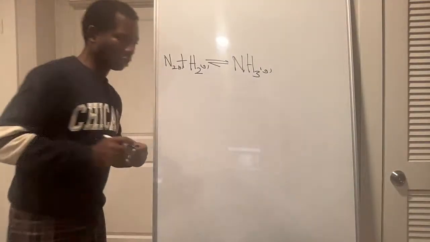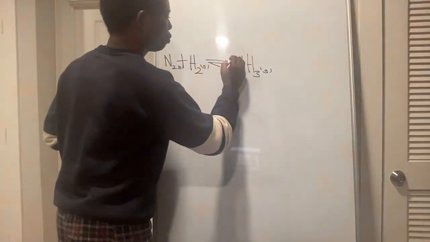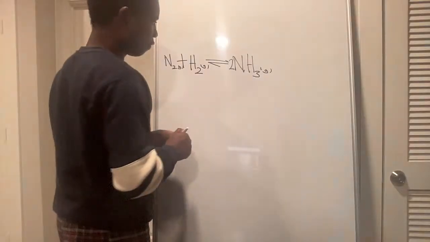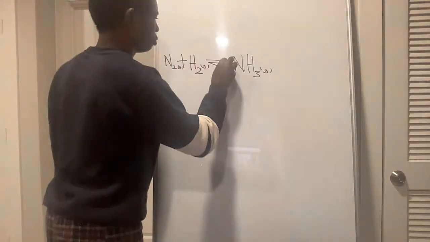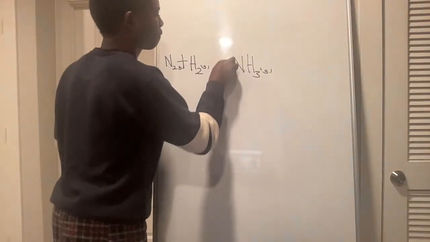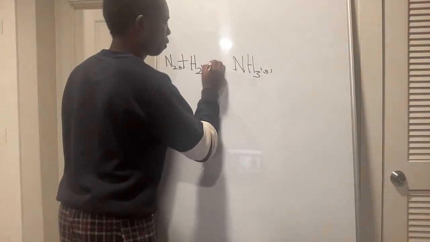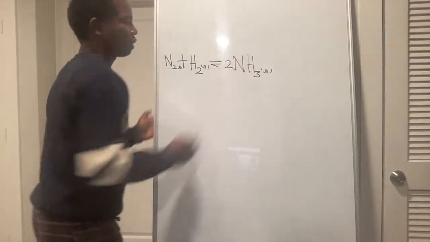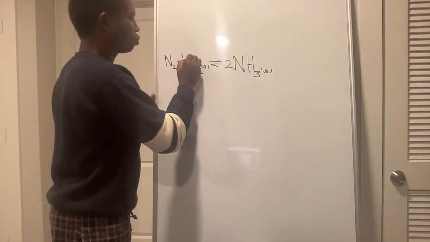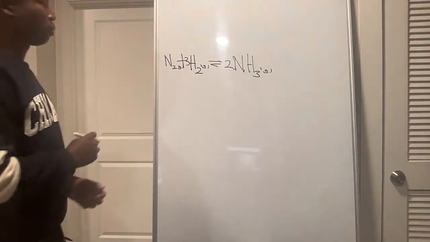Nitrogen has 2 atoms here, and nitrogen has 1 there. So 2 comes here. Now the reaction is balanced for nitrogen. Let's go with hydrogen. Hydrogen is 2 times 3, which is 6. So the reaction is balanced for hydrogen, 6 here.